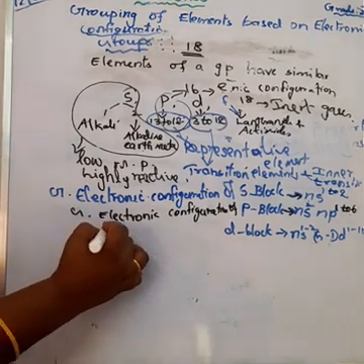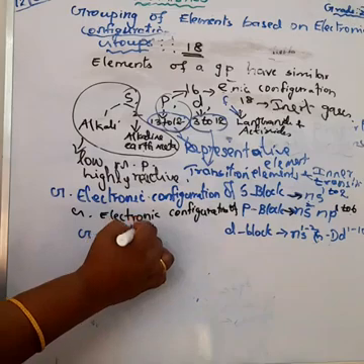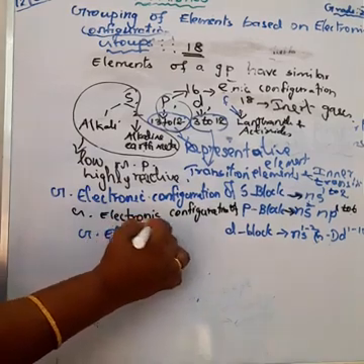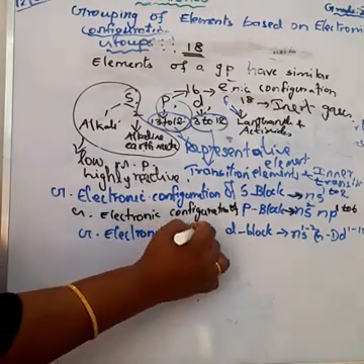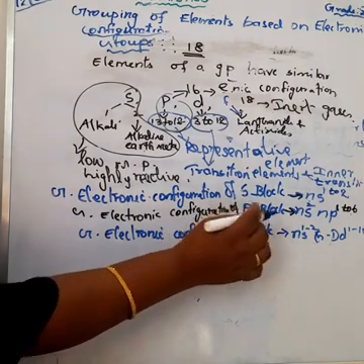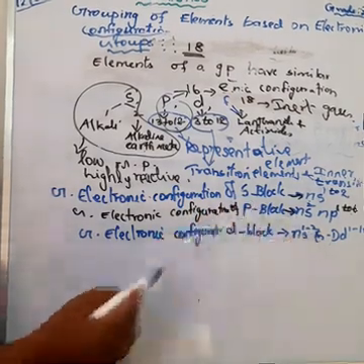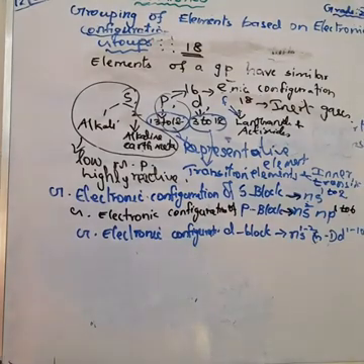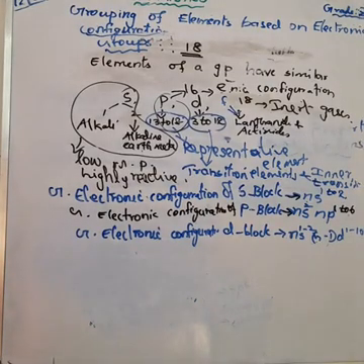The electronic configuration for these elements has the s orbital 1 to 2 and the d orbital 1 to 10. Understood? And then the lanthanides and actinides take place at the bottom of the periodic table. See, this is the periodic table here.